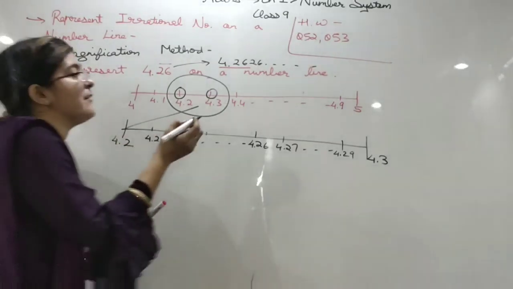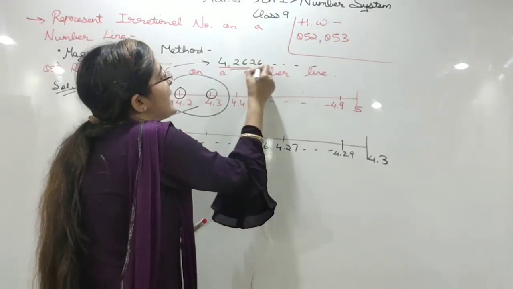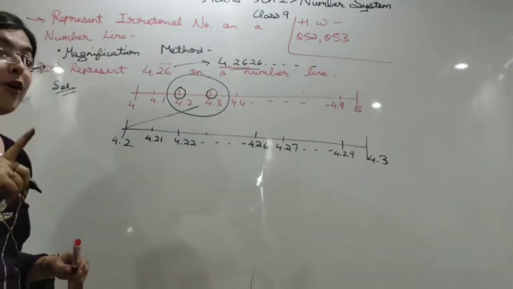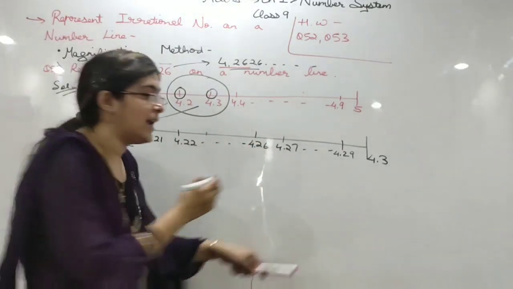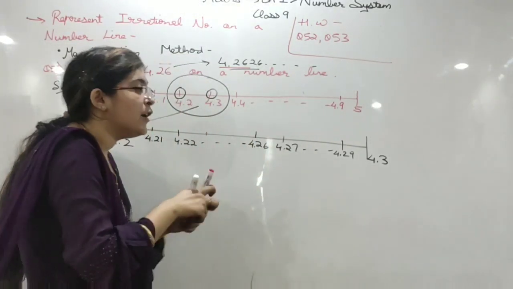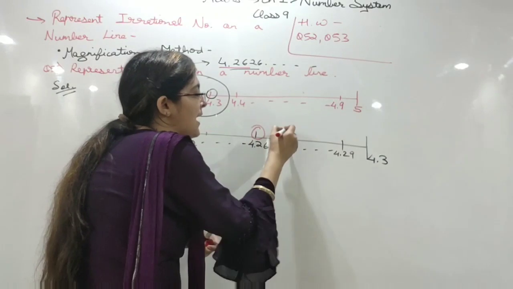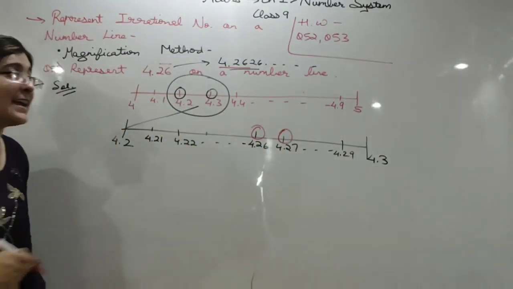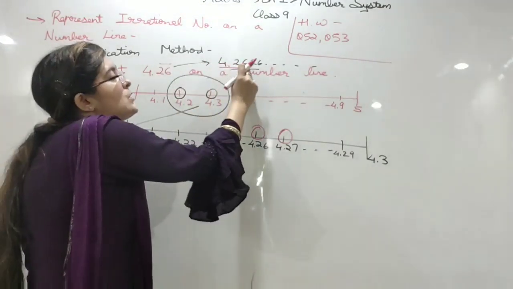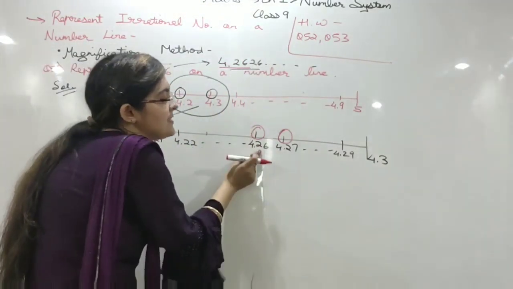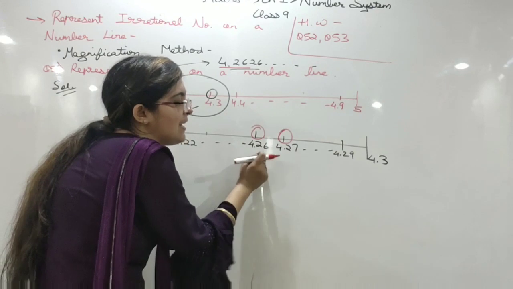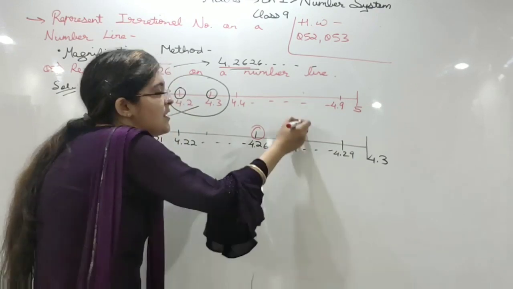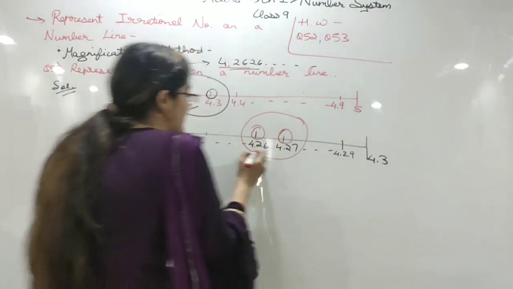Now what are we having? 4.262. That means it will lie between 4.26 and 4.27. Are you able to understand? So we will magnify these two.